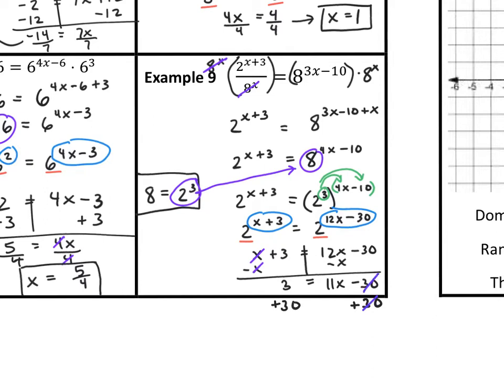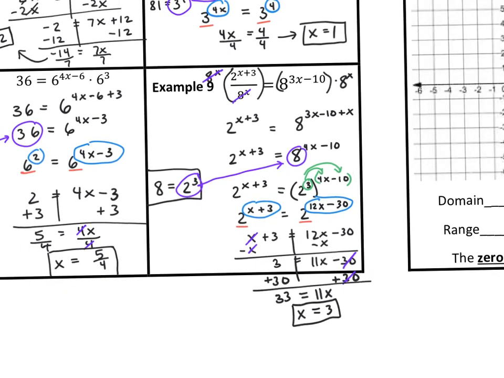These will cancel. And 3 plus 30 is 33. And so, right, what is 33 divided by 11? x equals 3. I hope you can see that. Okay, x equals 3. Right, 3 times 11 is 33.